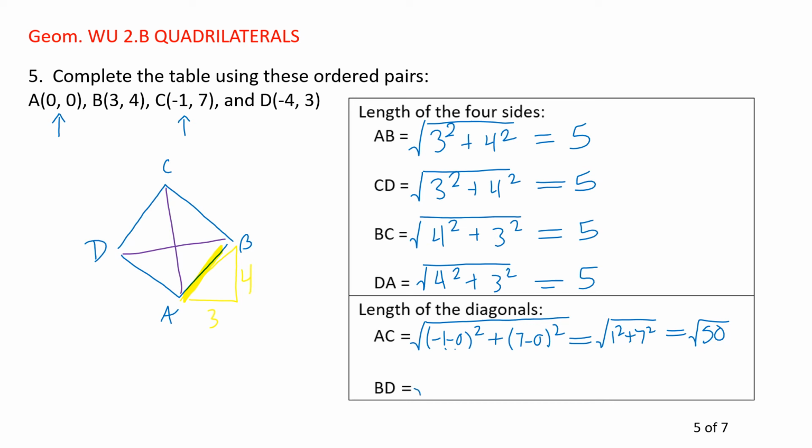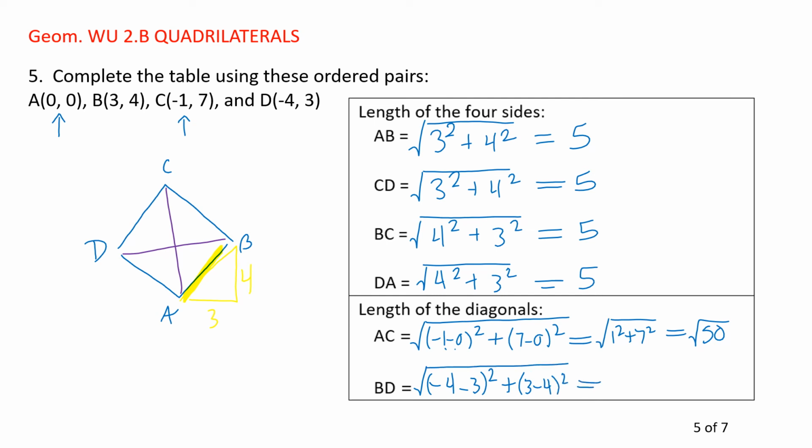The same thing is going to happen on BD. I'm just going to say 3 minus 4. Order doesn't really matter, but I'm going to try and be consistent. I'm going to say -4 minus 3 squared plus 3 minus 4.